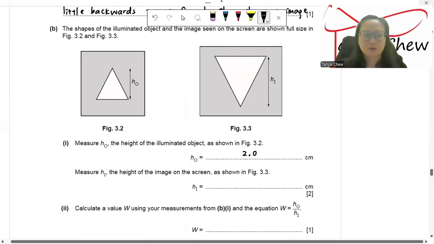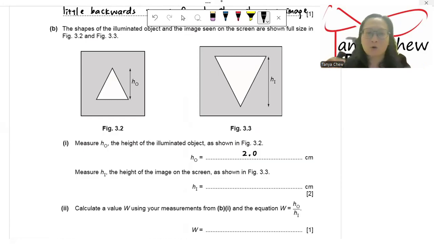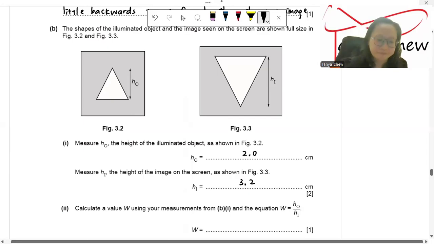Since we are using our cm rule, all the measurements that we made, h0 and hi here, must be recorded in 1 decimal point. Do you still remember why? Because the sensitivity or the smallest division of our cm rule is 1 decimal point, right? That's a reminder. I got 3.2 cm.